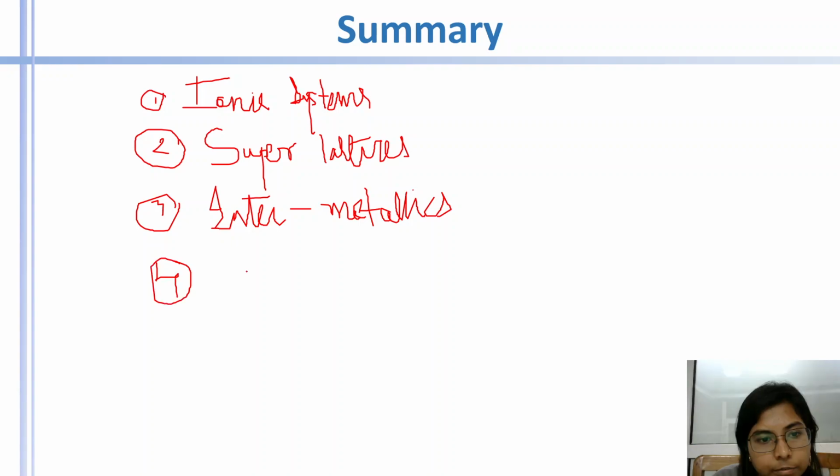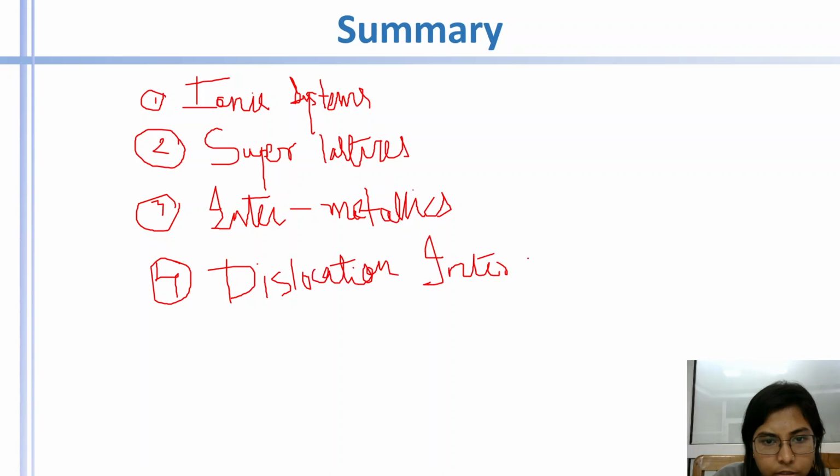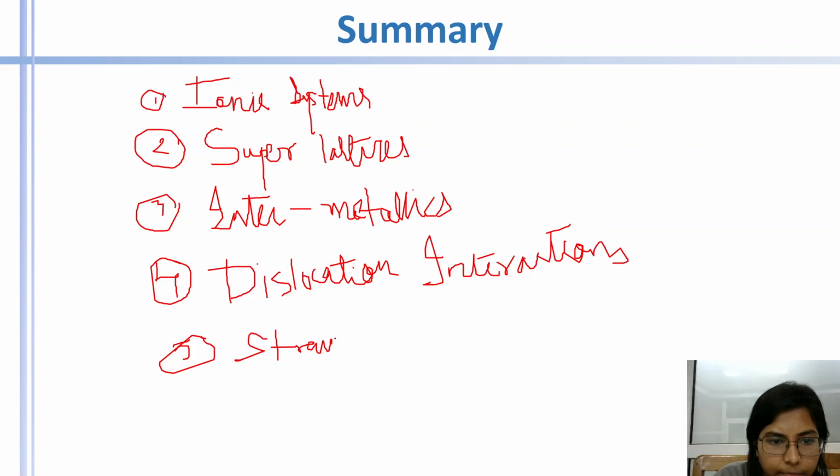Then we came to the phase transitions and the dislocation interactions, the multiplication of dislocations, and strain hardening. And finally assignments.